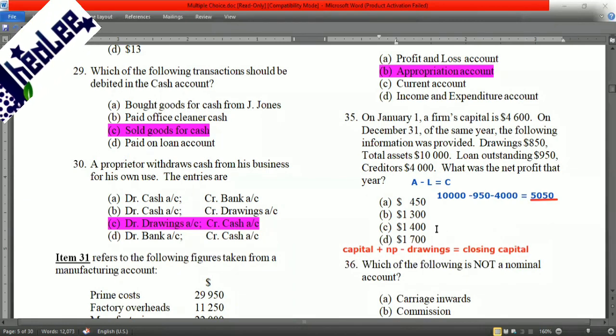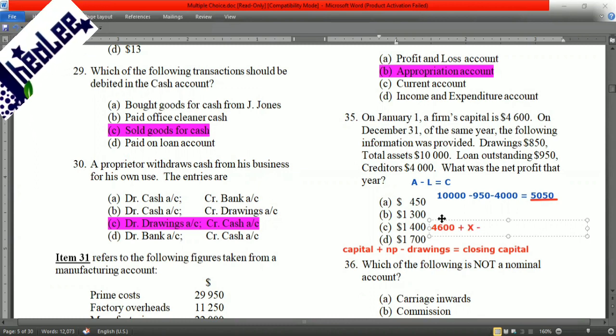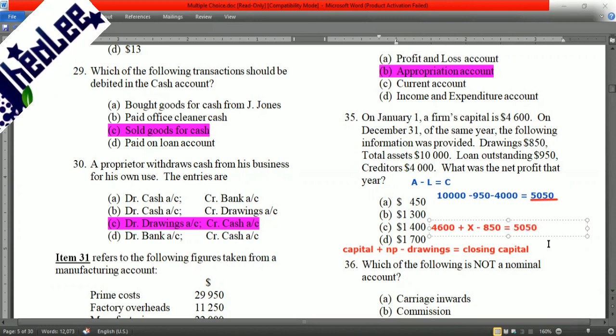Now that we have that formula generated there, we can pick up our figures. So our opening capital there would be 4,600. To that we would add X, because the net profit is unknown, and we would subtract the drawings of 850, and that would give us the closing capital, which is known of 5,050.